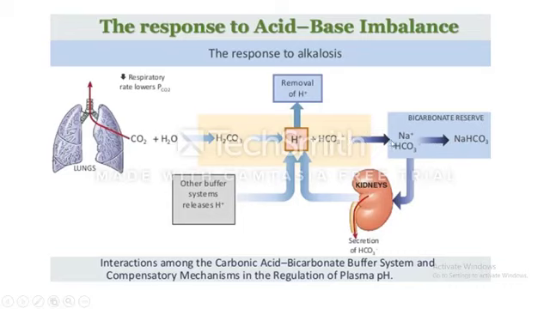Carbon dioxide and water together make acid, and this acid reacts with bicarbonates and takes them from the blood, and they go to the reservoir as well as to the kidney for removal. This is the way the kidneys and the lungs work together to overcome alkalosis.